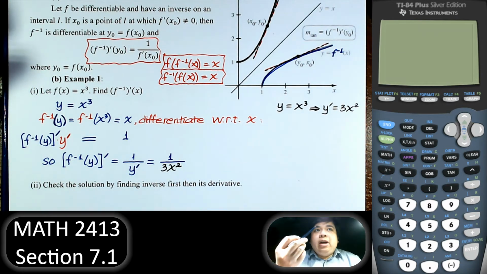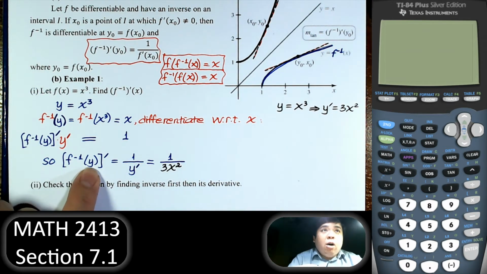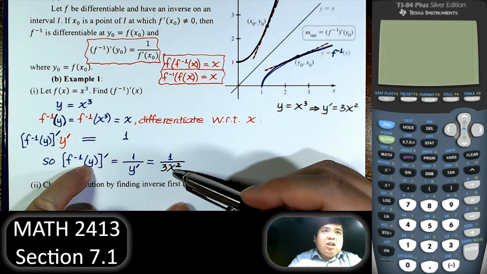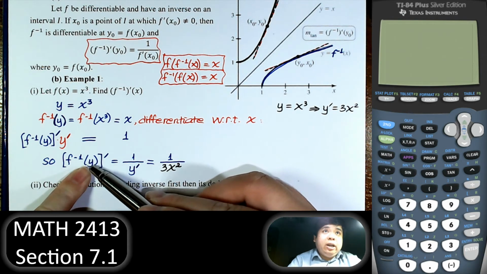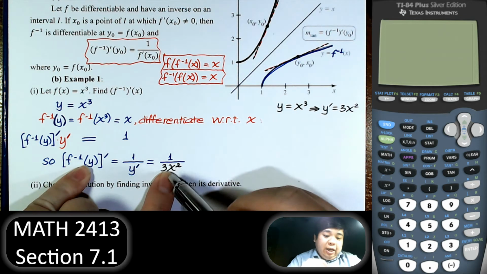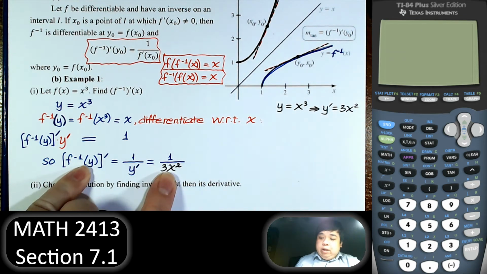The only problem here is this is a function of y and this is x. So how can we rewrite that in terms of y? The answer must be in terms of y, right?